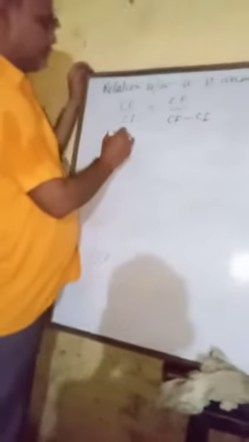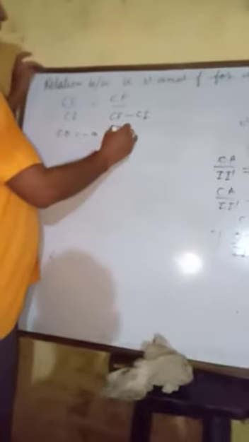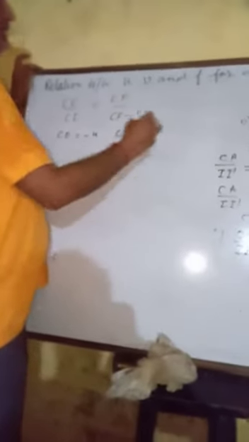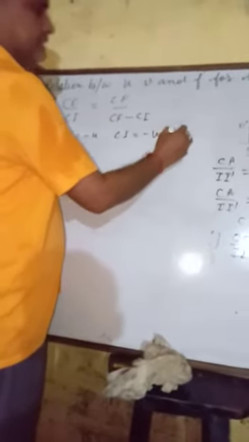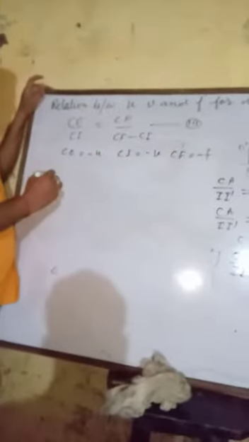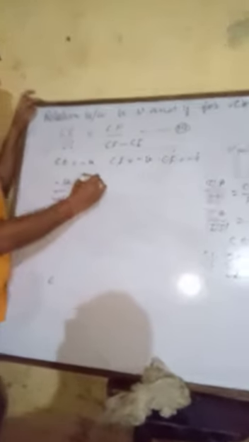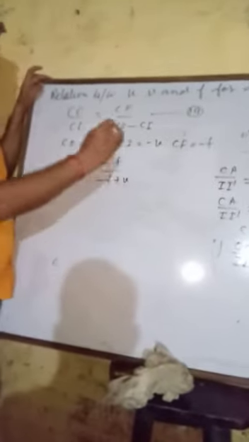CO is equal to minus u, CI is equal to minus v, and CF is equal to minus f. If we put these values in equation number 3, we get minus u upon minus v is equal to minus f upon minus f plus v.